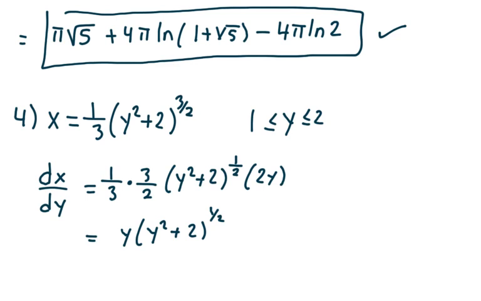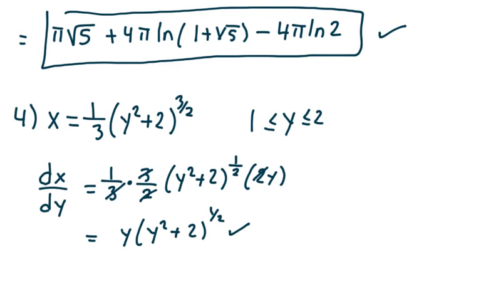So we're going to integrate with respect to y. dx/dy is 1/3 times 3/2 times the quantity (y squared plus 2) to the 1/2 times 2y. So that's just chain rule. But one thing I want you to notice is that the 3's cancel, and so do the 2's. And what's left is y times (y squared plus 2) to the 1/2.